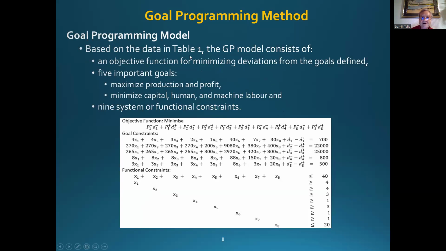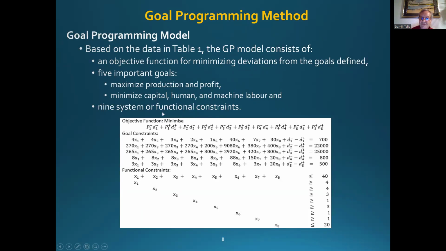The data given in table 1 is also used to develop the goal programming model for our ecological farm. As you see, we have an objective function, which is to minimize the deviation from the goal specified.